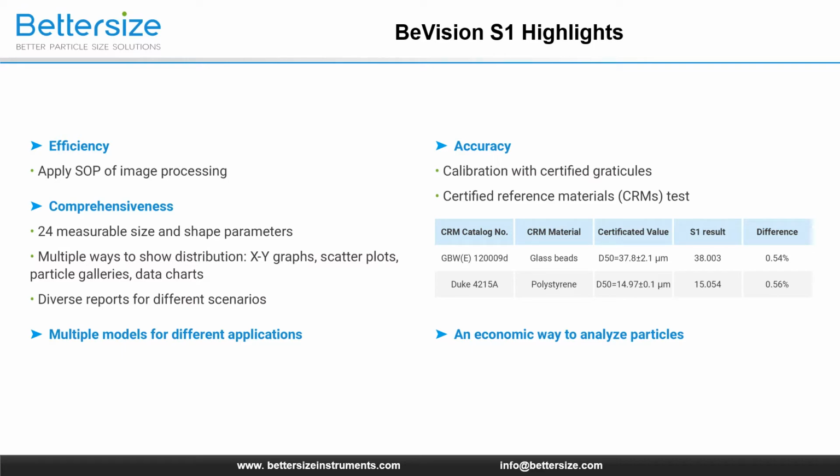Secondly, the Vision S1 is accurate. It is calibrated with certified graticules and passed the certified reference materials test. Besides, the Vision S1 has multiple optional models, which makes it versatile. Most importantly, you can enjoy all these benefits with a friendly budget.